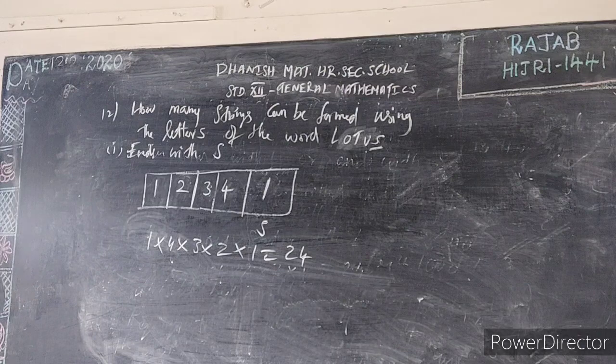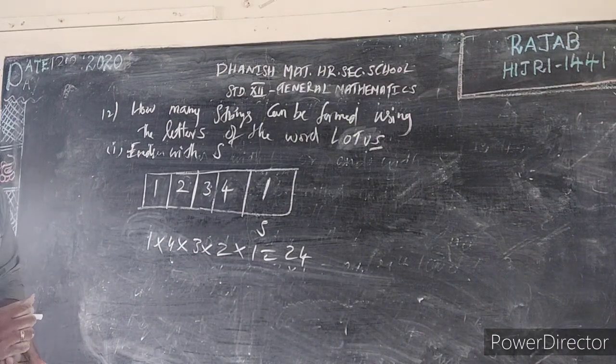So for the number of words that start with L and end with S, it is 3 into 2 into 1, that will be 6 here. The number of words ending with S will be 24. The number of words starting with L is also 24.